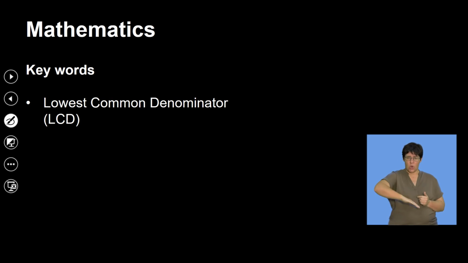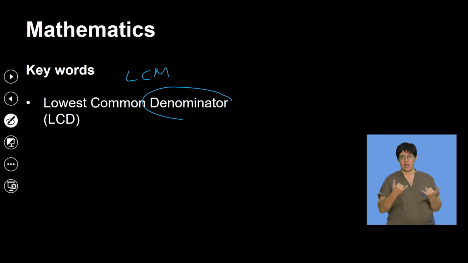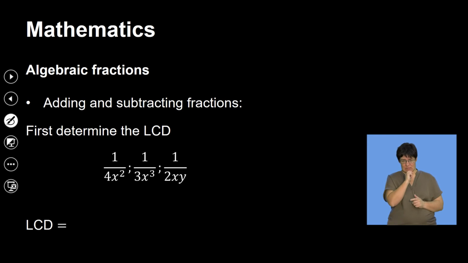I know you guys started doing this as an LCM, right? Which was lowest common multiple. Now we're going to call it the lowest common denominator, which makes it a bit easier to use in terms of fractions. Now when adding and subtracting fractions, first you need to determine the LCD.